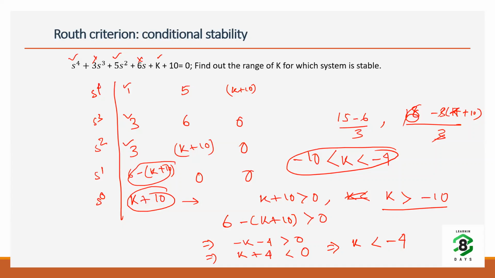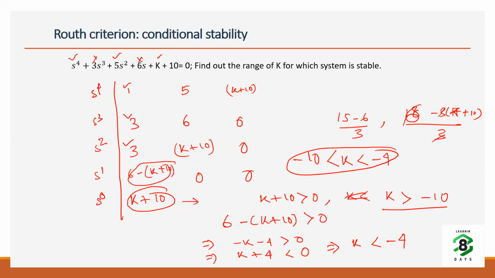Or better to put, if any of the poles has a real component which is zero or positive, then your system will be unstable. And finally, the Routh criteria, because using this criteria you can very quickly identify, just by looking at the sign change, whether the system has any pole on the right side or not, and we can find out the count also very quickly. So on a high level, these are the four critical takeaways.